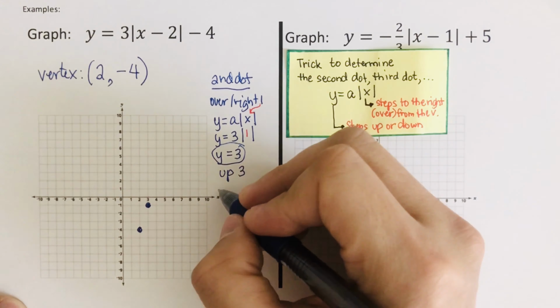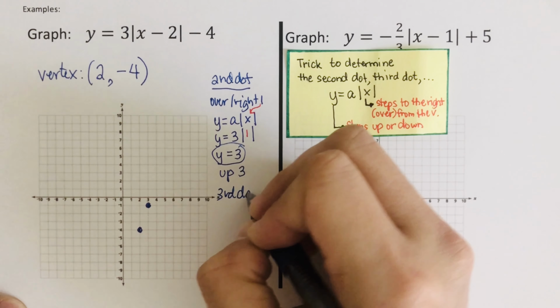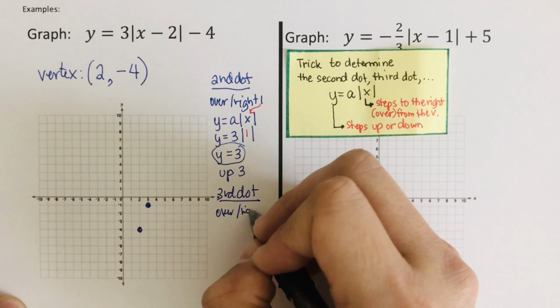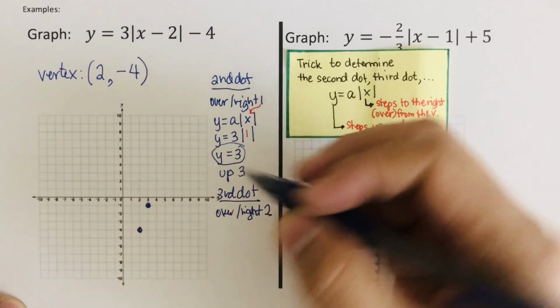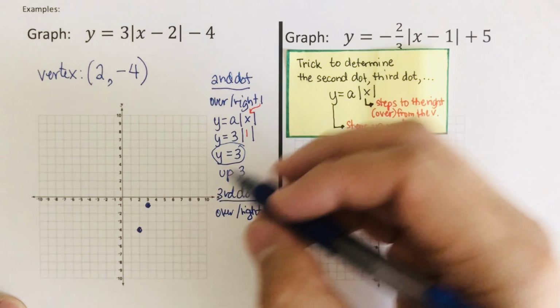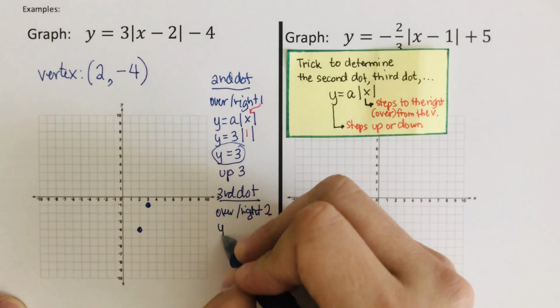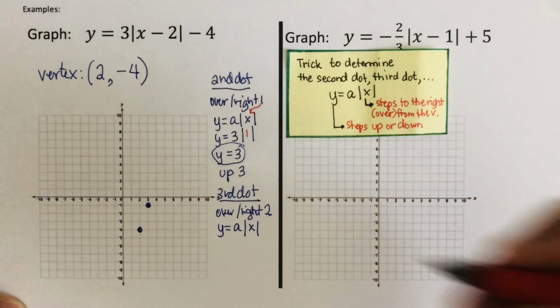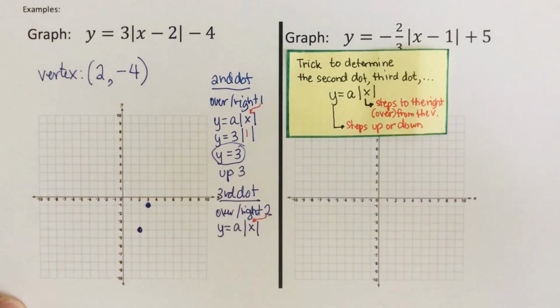And then we solve for the third dot. So the third dot is going to be over or right 2. So right 2, then we see where that dot should sit. So we use the equation again. So that is y equals a absolute value of x. And then again, the x that we put in here is 2.